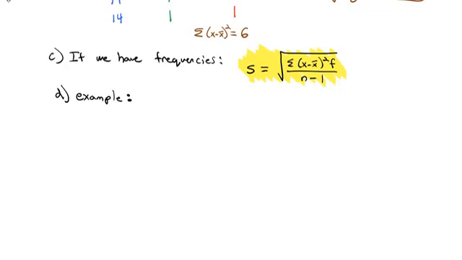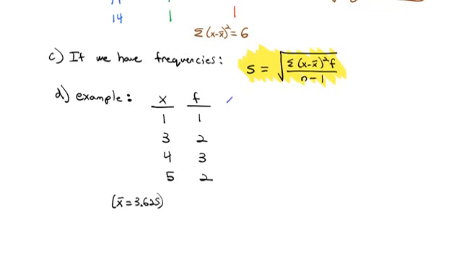So let's take a look at an example where we do it with frequencies. Let's use that data set that we've been using, where the x values were 1, 3, 4, and 5. And the frequencies were 1, 2, the number 4 appeared 3 times, and the number 5 appeared twice. We already know that x bar, the mean, is 3.625. We would have had to find that first if we didn't know that.